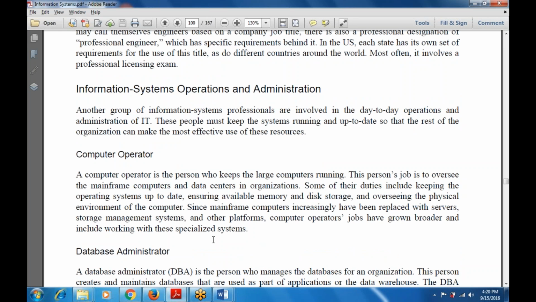That is a computer operator. Since mainframe computers have increasingly been replaced with servers, the storage management systems and platforms used are growing broader and also include working with specialized systems.